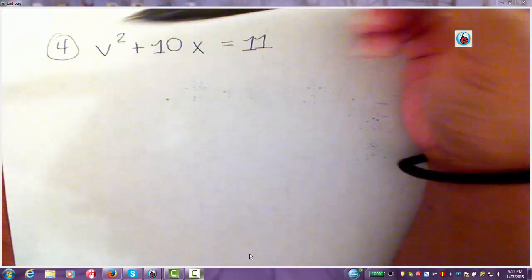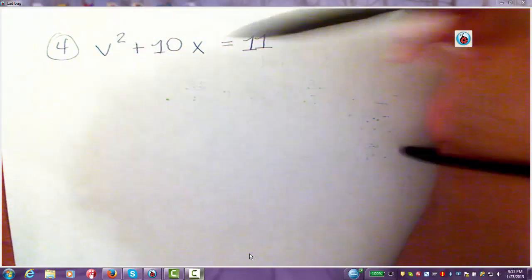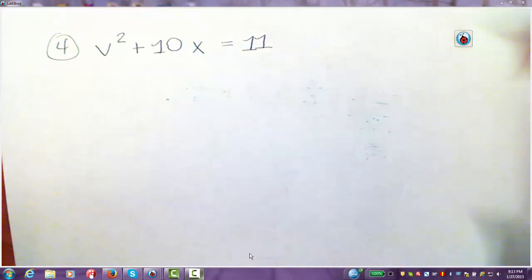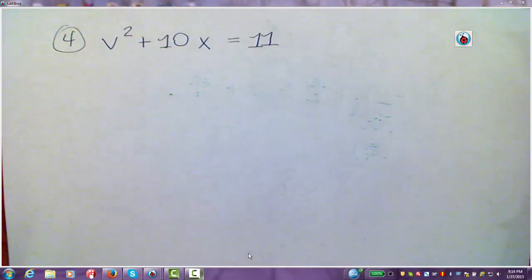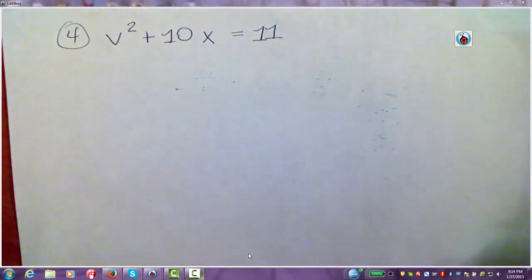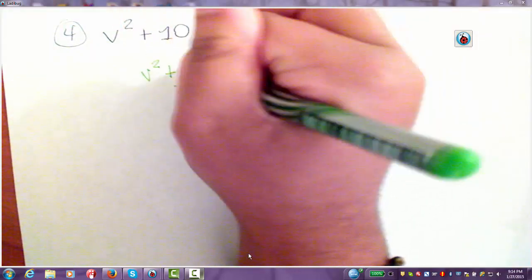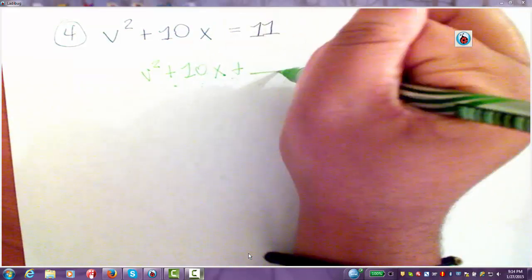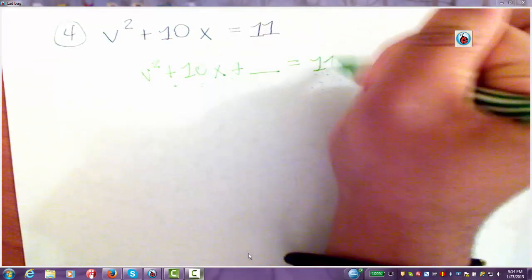So now we can rewrite our problem with the blank. So we get v squared plus 10x plus blank equals 11 plus blank.